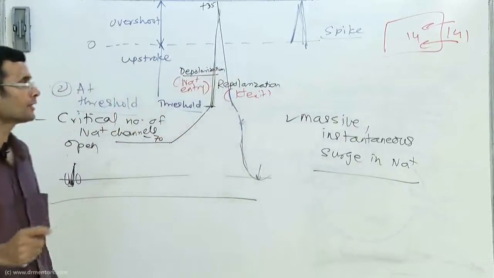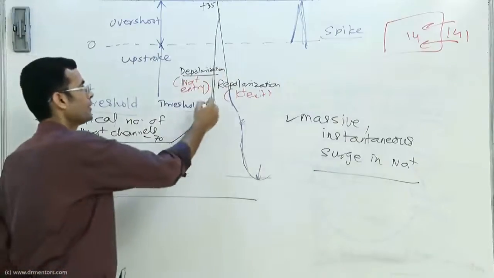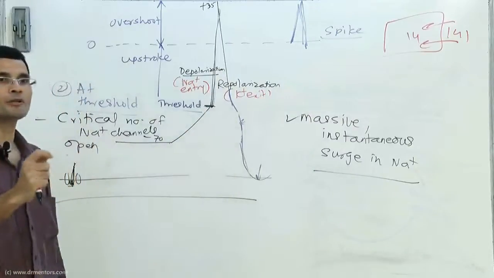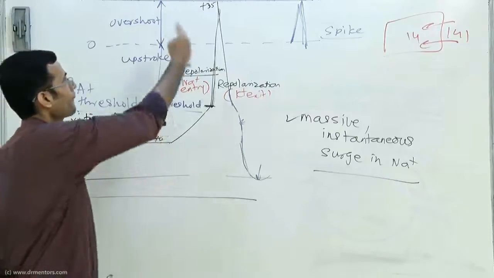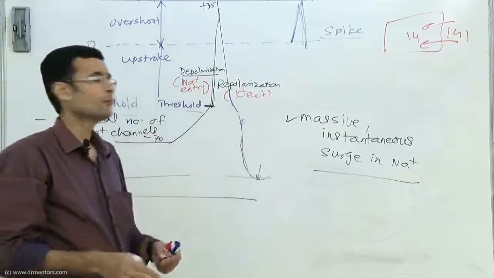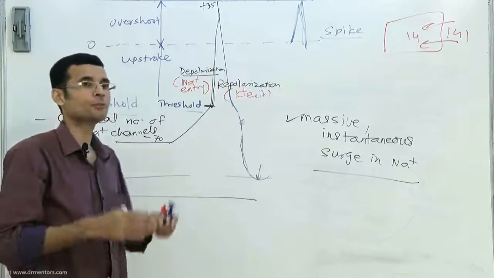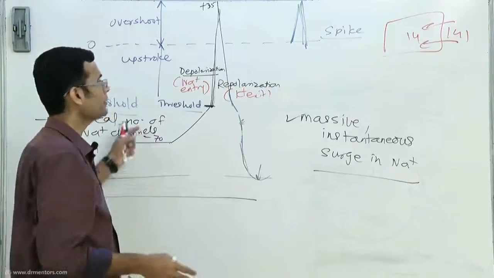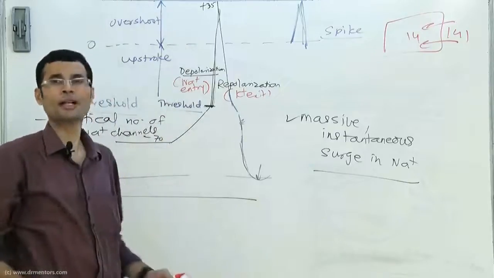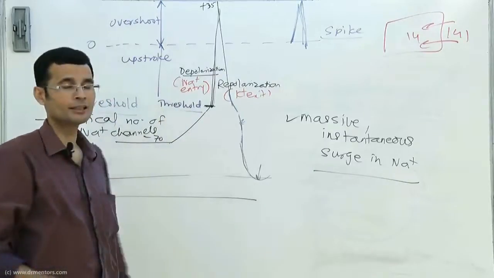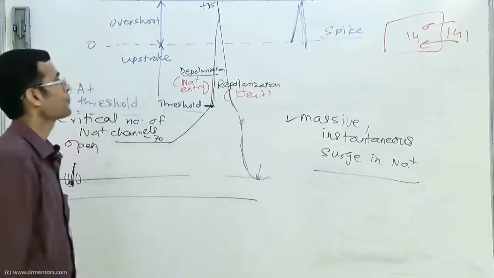But the point that you must understand is threshold. At threshold there should be a critical number of sodium channels that should be open. Then only there will be a massive influx. And so 2 points. One is, if threshold is not reached, if your stimulus was not adequate, then this surge of sodium will not happen and action potential and spike will not be generated.